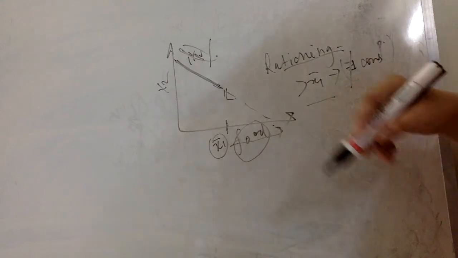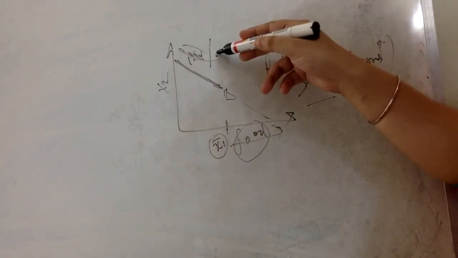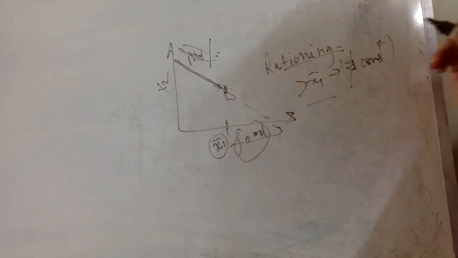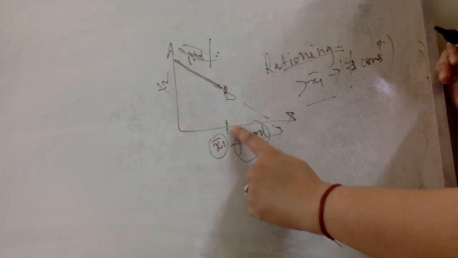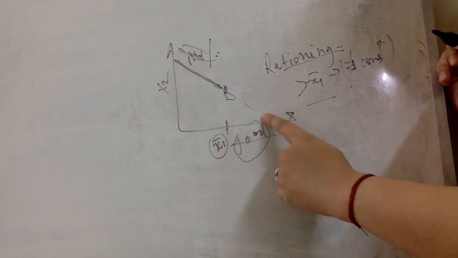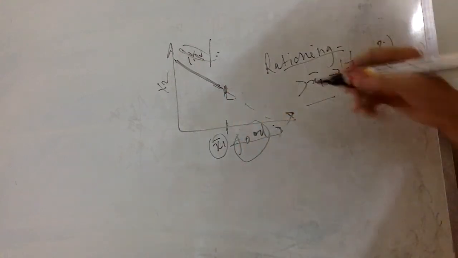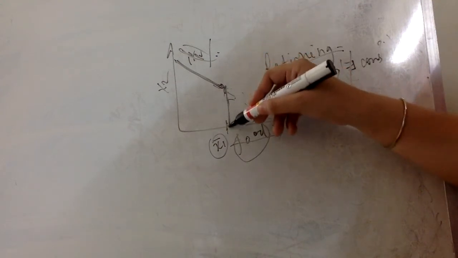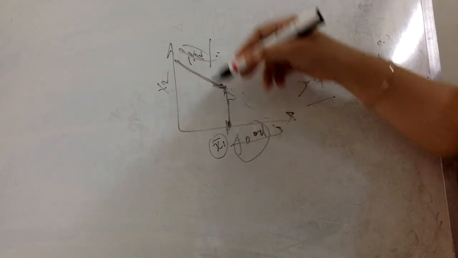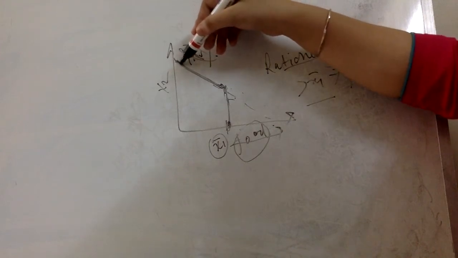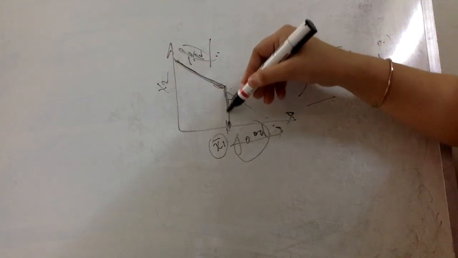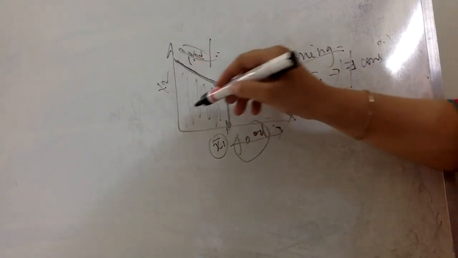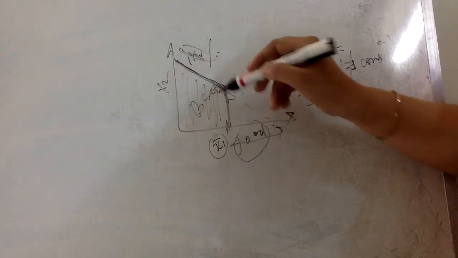Beyond x1 bar this commodity is no longer available, so this trade-off no longer exists, and the budget line tapers off as a vertical line. The entire budget set becomes the area under these two lines.